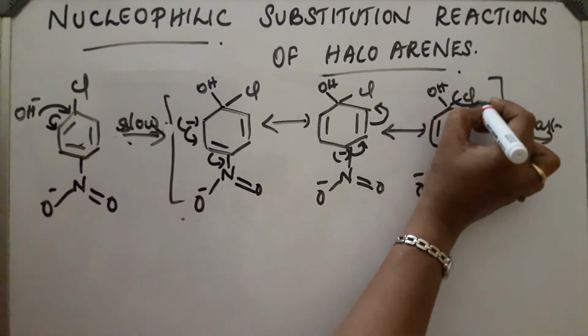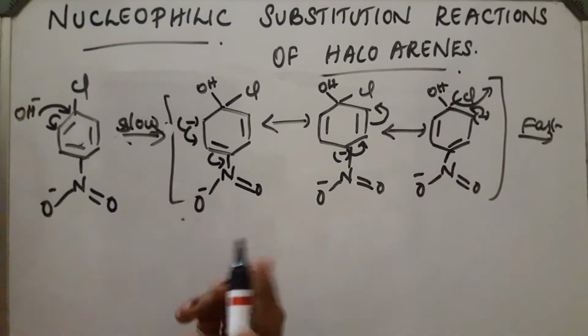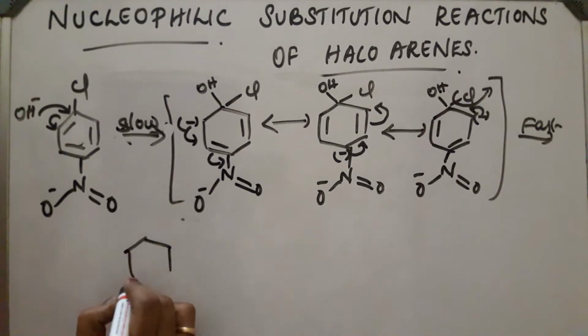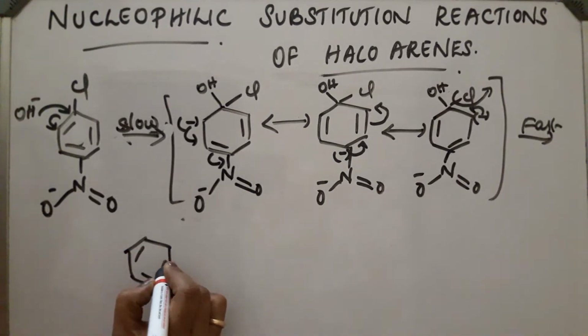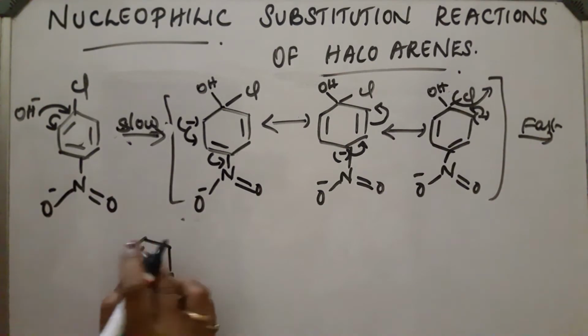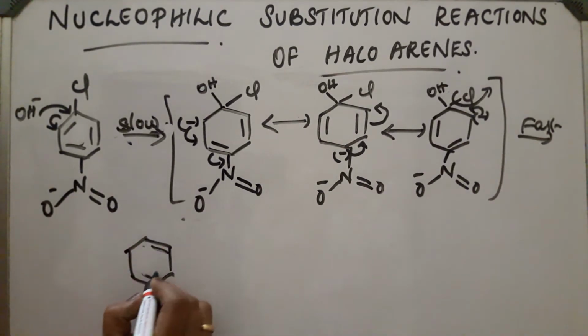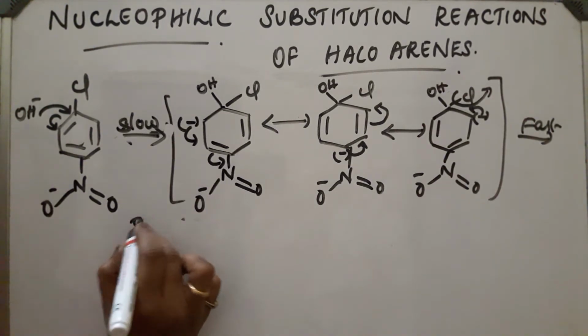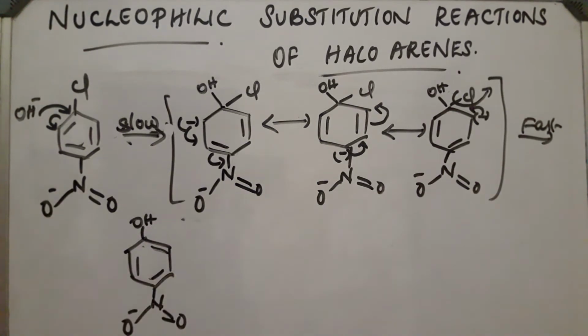It shifts here and chlorine will move away from the group, so the product obtained will be like this, with N double bond O minus. This will be the mechanism if NO2 is present in the para position of the haloarenes. This is the first mechanism.